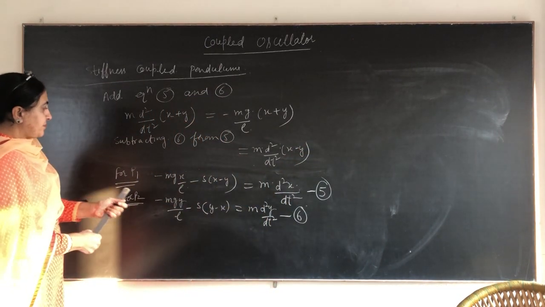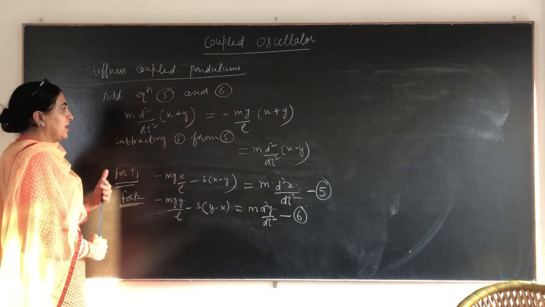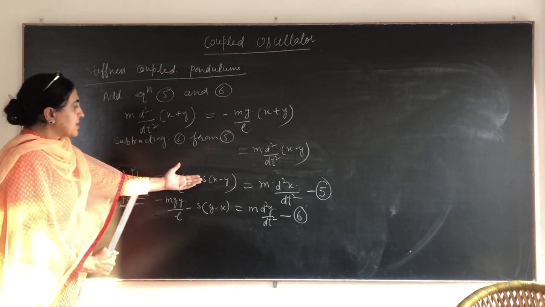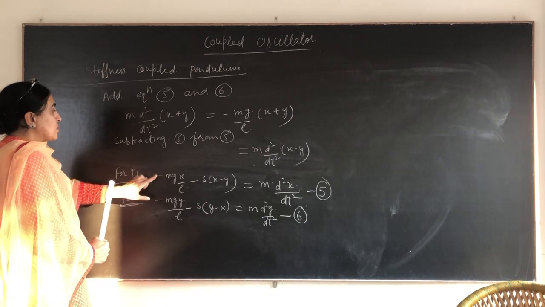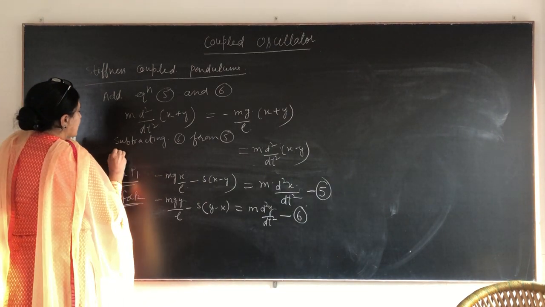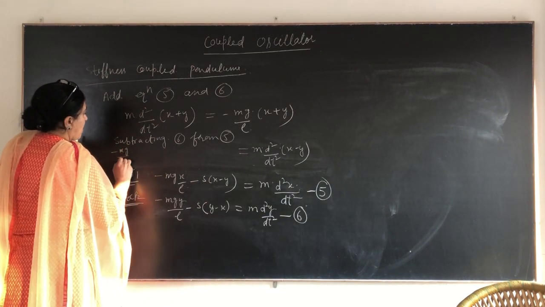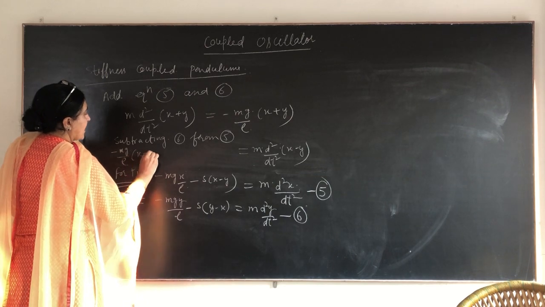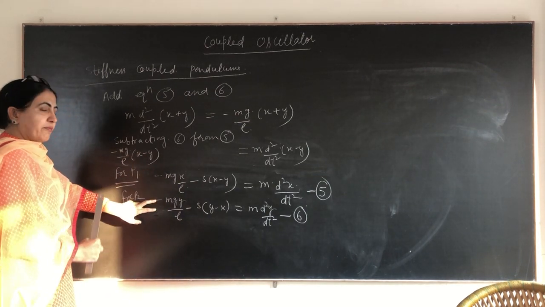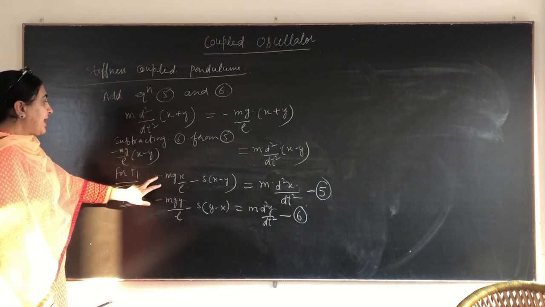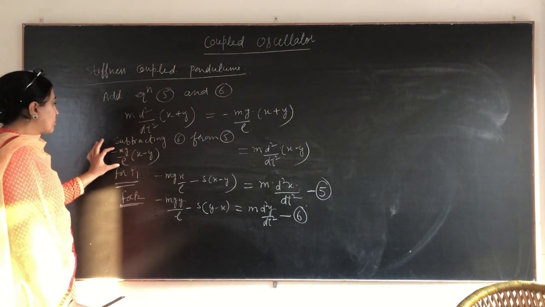On this side, when we add, these two terms cancel, and when we subtract this from this, minus mg over l into x minus y, this minus this, so the term becomes plus. I take minus mg over l common here.